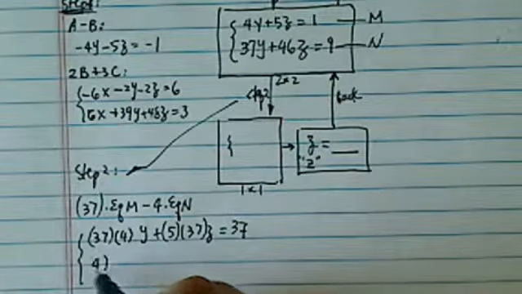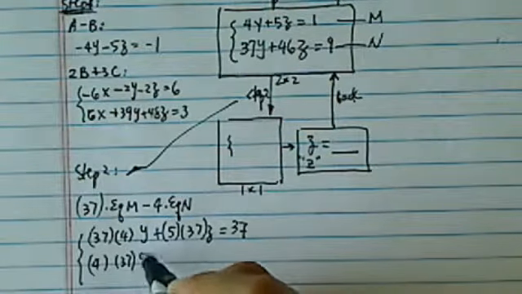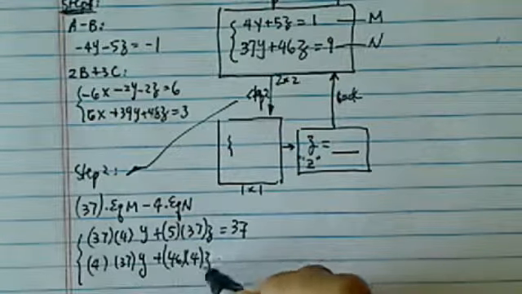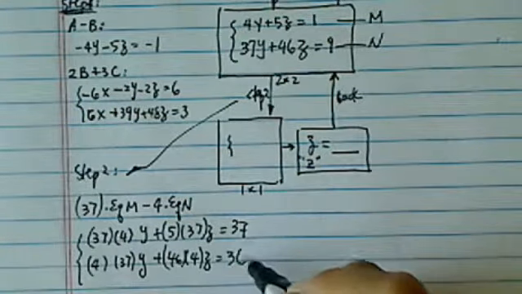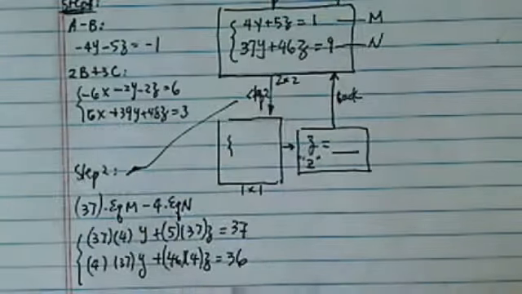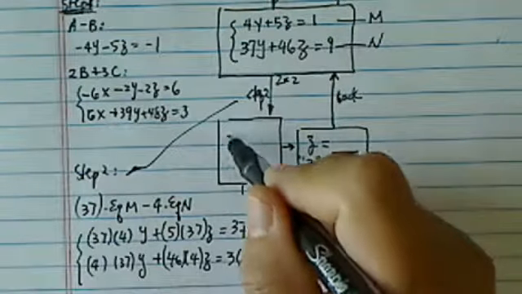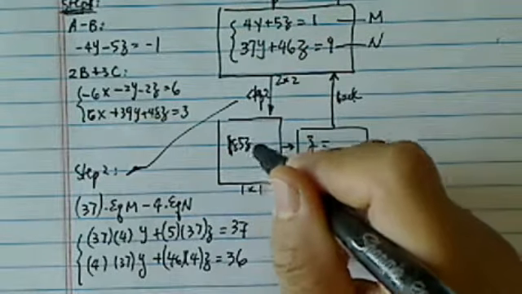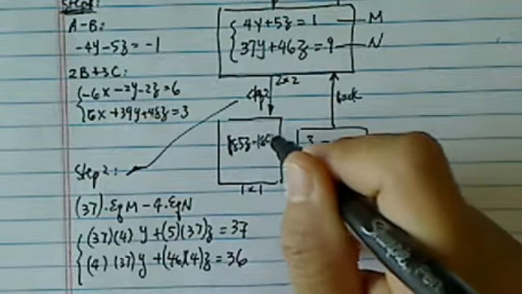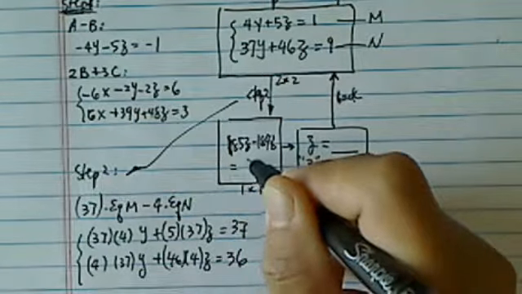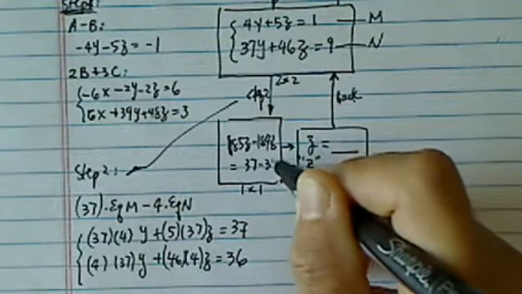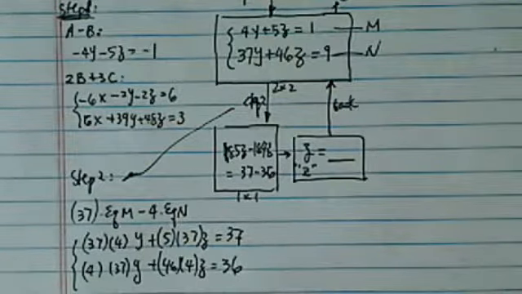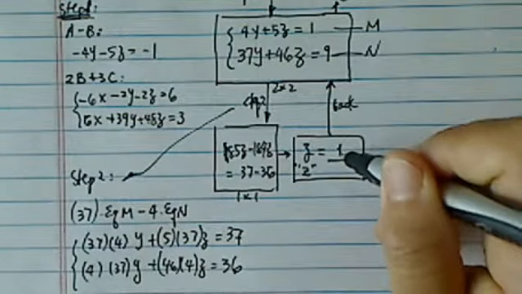And I have 4 times 37y from the next equation plus 46 times 4 of z is equal to 36. Now when I combine those, I have 185z minus 184z is equal to 37 minus 36. Hey, that's not too bad, z is actually equal to 1.